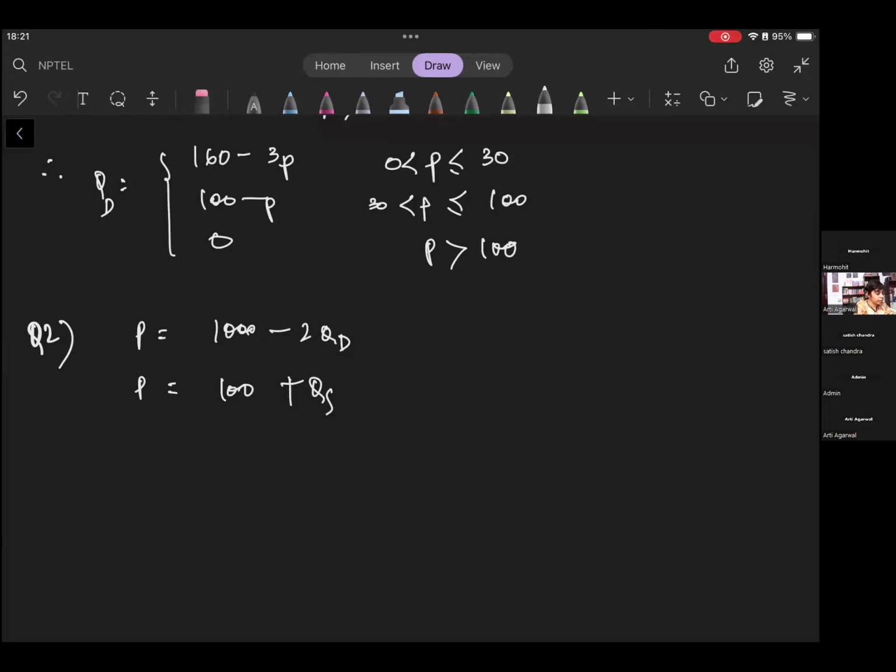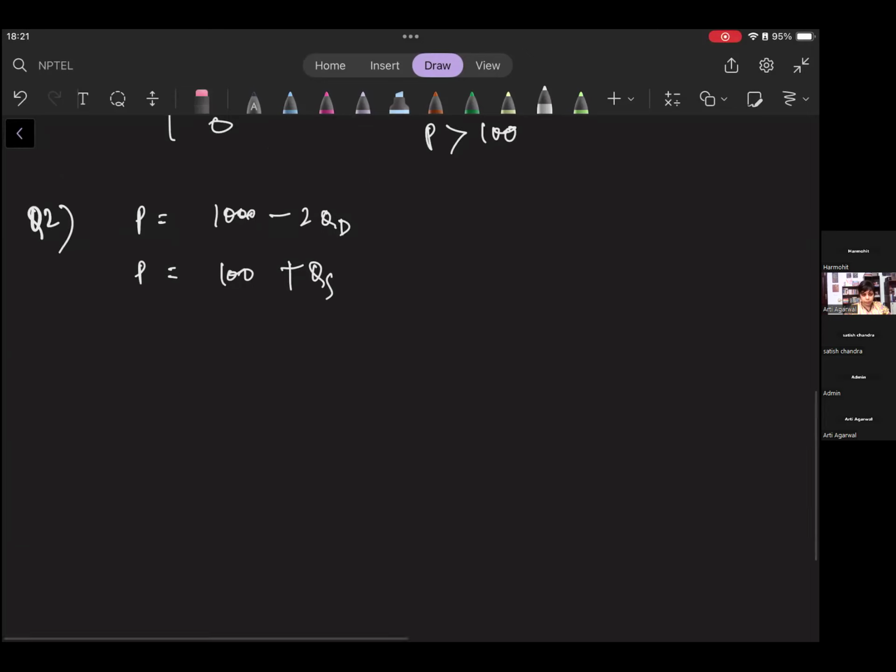Yeah, I think your answer is correct. P is 400 and Q is 300. Okay, so this is fairly simple. In equilibrium, we have what? QS is equal to QD.